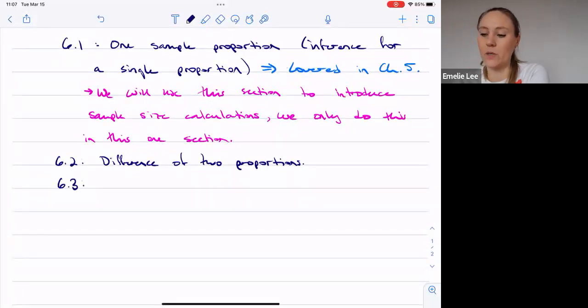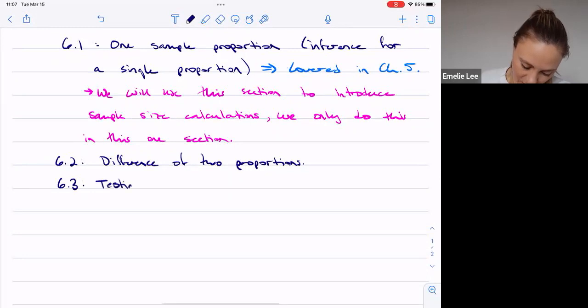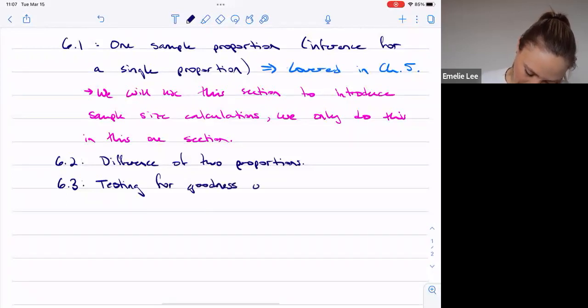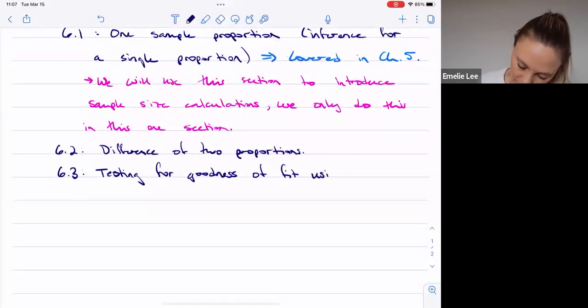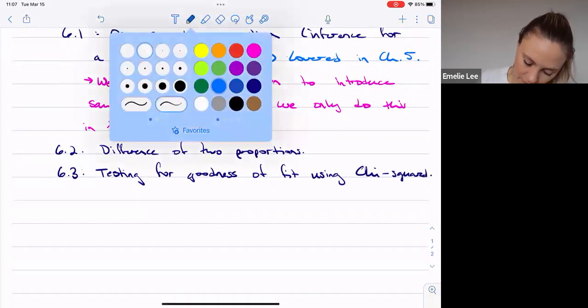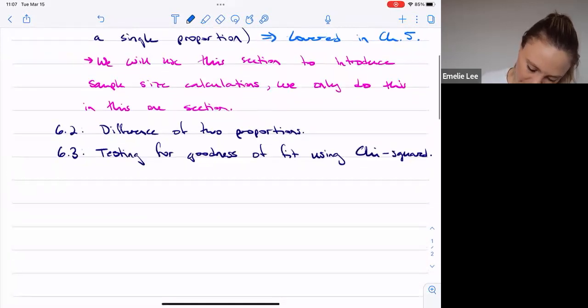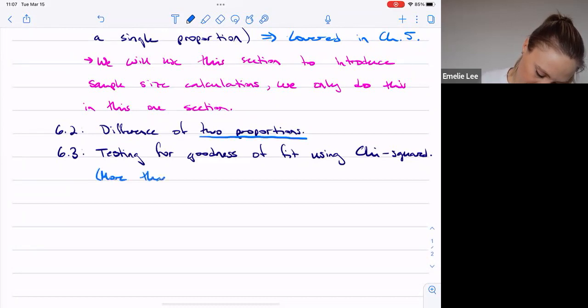6.3 and 6.4 we're going to introduce next week, I'm thinking. In 6.3, we are going to be testing for goodness of fit using what we call a chi-squared. So here we have two proportions, and here we have more than two proportions.